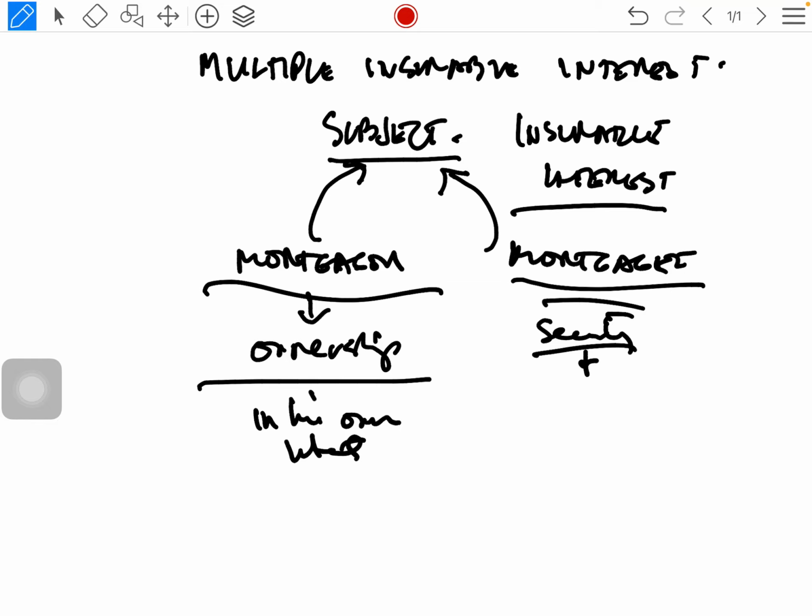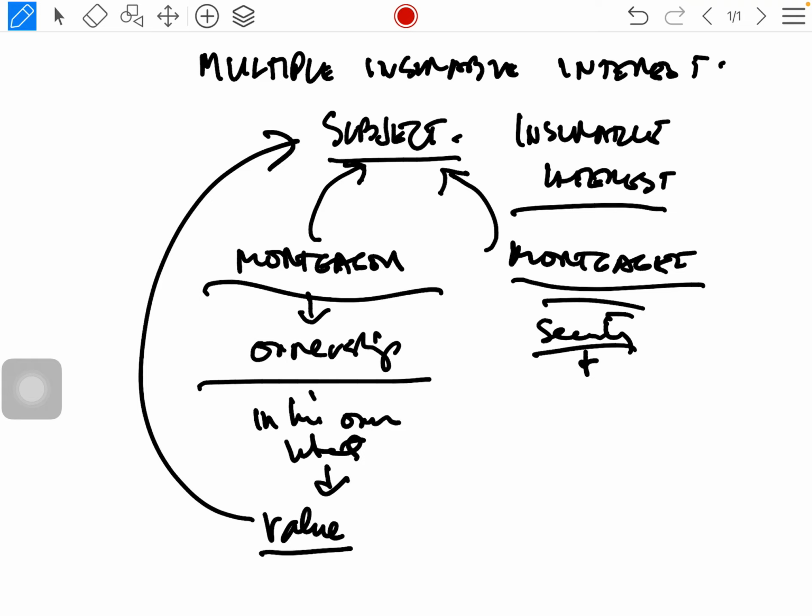However, the extent of the interest of the mortgagor goes up to the value of the property. The extent of the interest of the mortgagee is to the extent of the credit secured by the property. That's the main difference between the interest of the mortgagor and the mortgagee.